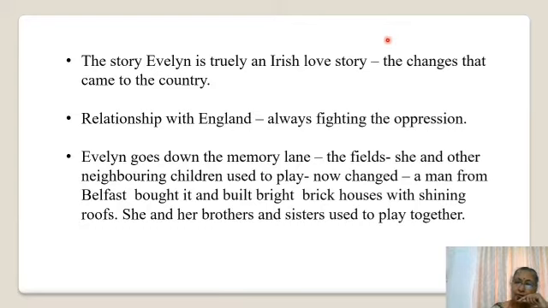Ireland is one of the kingdoms, or one of the parts of the UK or United Kingdom: England, Ireland, and Scotland. But the Irish people were forever fighting for their freedom, and the British refused to grant them that freedom. So you find a constant fight between Irish people and the English or British people.